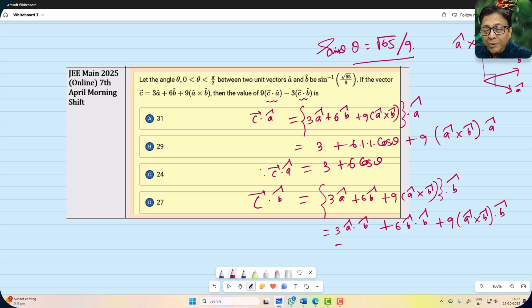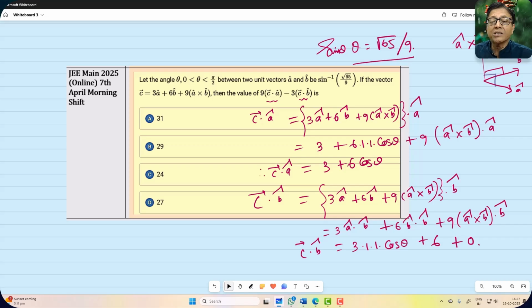Now this is going to be 3, in the same manner, 1 into cos theta, plus this is mod B whole square, 6 only, and this part is 0 because this time A cross B is perpendicular to the vector B, result has to be 0. So you got the value of C dot B cap, which is nothing but 3 cos theta plus 6.